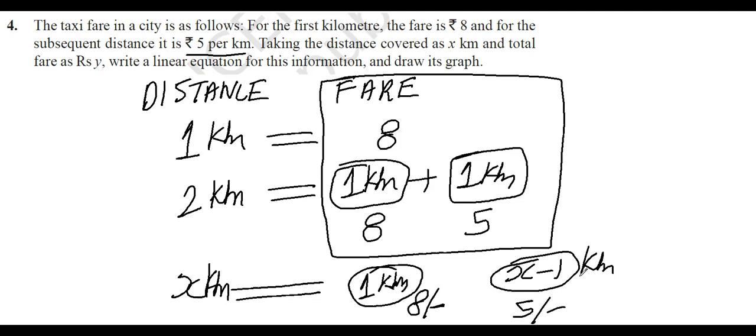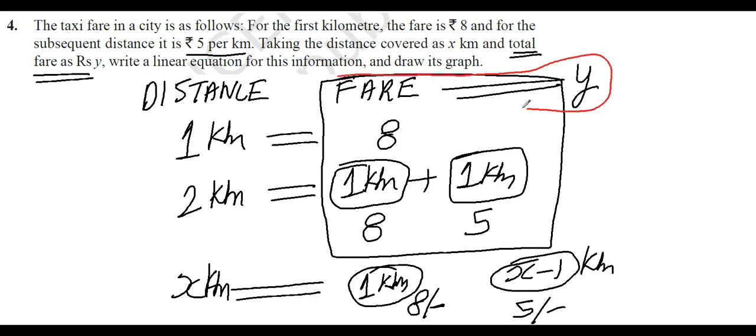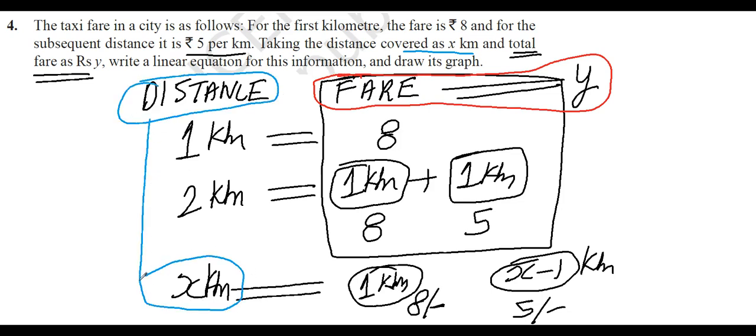So what is the equation formed over here? See, this is the fare. This fare I will call as Y. Why am I taking it as Y? Because the total fare is ₹Y. And the total distance covered is X kilometers, so in distance, I have considered X kilometers.